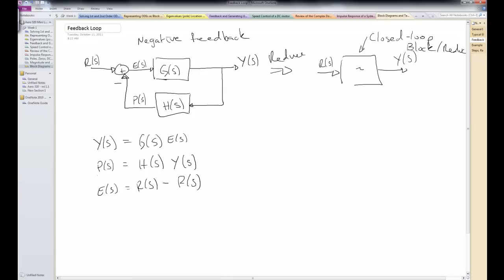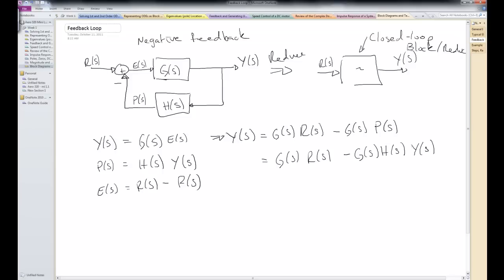All right, so just making substitutions, I then have that Y of S is equal to G of S times E of S, which is now going to be R of S, and then I need minus G of S times P of S. Make the substitution for P of S, so I have G of S, R of S, minus G of S times H of S times Y of S. Collect the Y's all on one side, and so I then have Y of S plus G of S, H of S times Y of S is equal to G of S times R of S. Factor out a Y and divide.